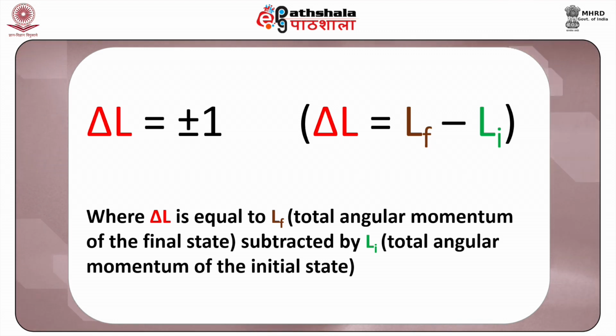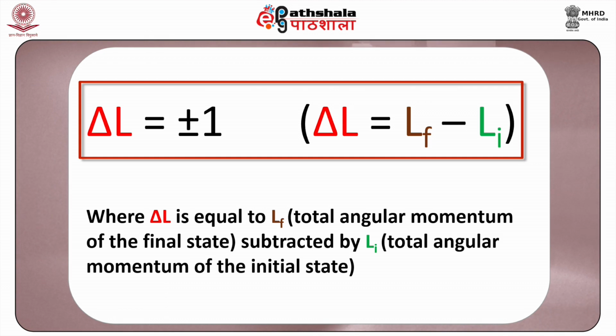that is, for any transition to take place, the change in the value of total orbital angular momentum between the final and initial state, delta L, should be equal to plus or minus 1, where delta L is equal to Lf, the total angular momentum of the final state, minus Li, the total angular momentum of the initial state.